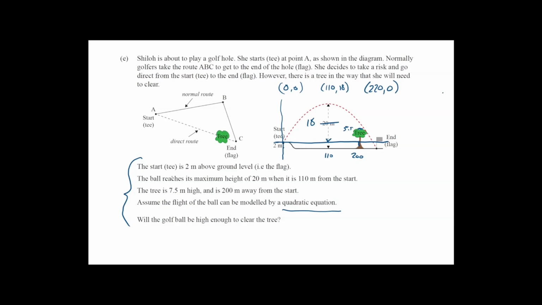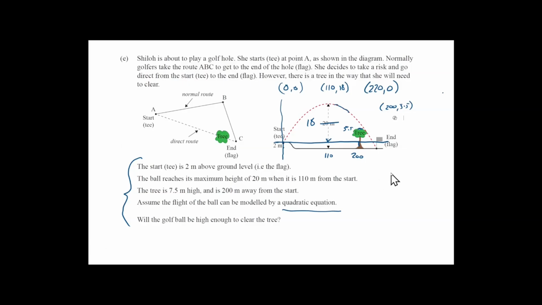The distance from here to here is the same as the distance from here to here. We don't really care about the flag. Once we find the equation for this path, we can work out whether (200, 5.5) is above or below that line. Okay, how do we do that?